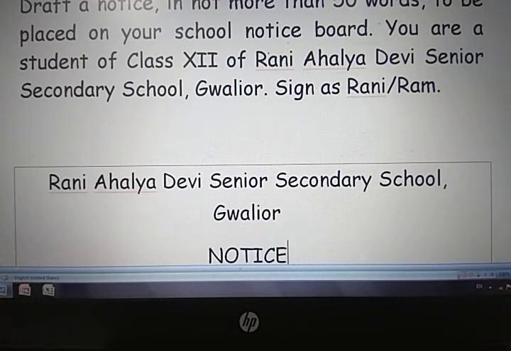Next you should give a suitable heading for this. And this is about lost and found. That means you lost your wristwatch and you are asking your friends whether they found it or not.